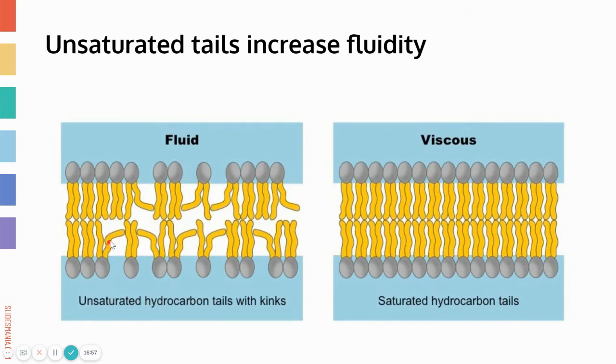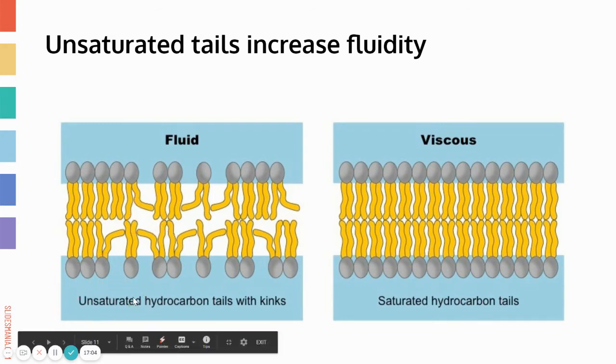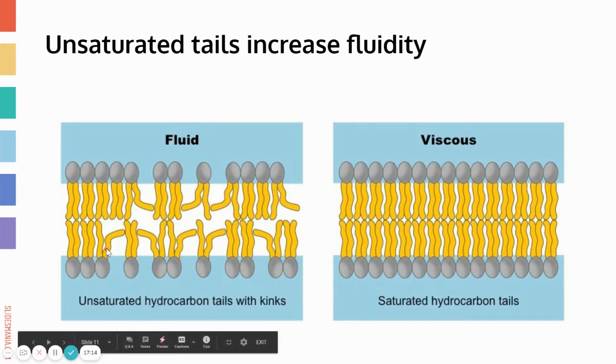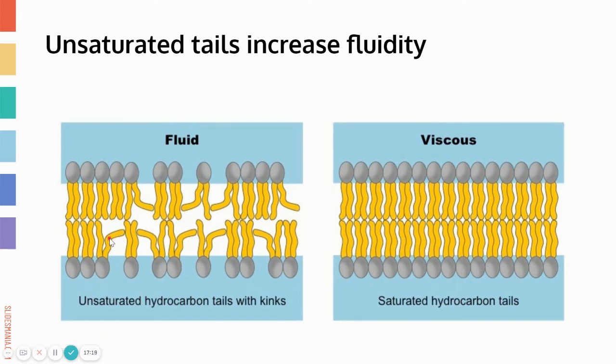So these unsaturated, and this is a side note, but this word saturation is essentially referring to whether or not the tail is saturated with hydrogens. This would be easier to explain if I had a diagram right here. If there's a double bond, that takes up one of the spaces that the carbon has for a bonding partner.